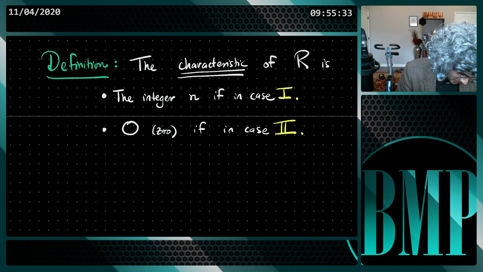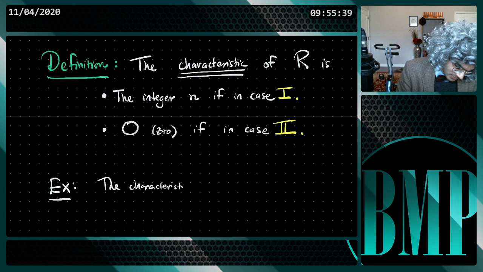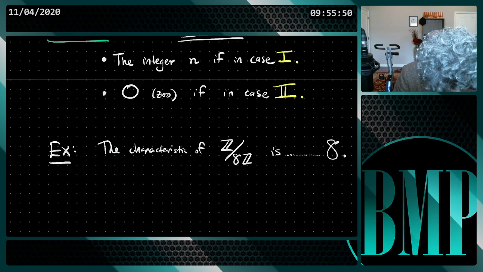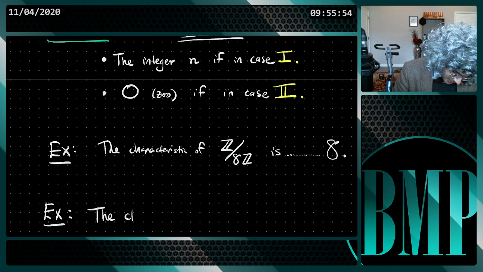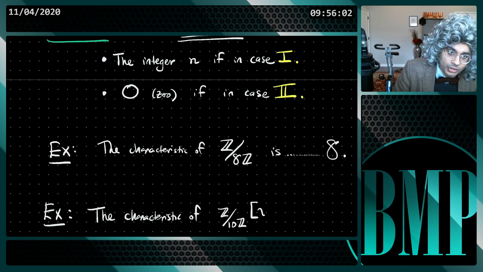Look, examples. The characteristic of Z mod 8Z is, drumroll, suspense, 8. Here's another example. The characteristic of Z mod 10Z, adjoin 2 variables.